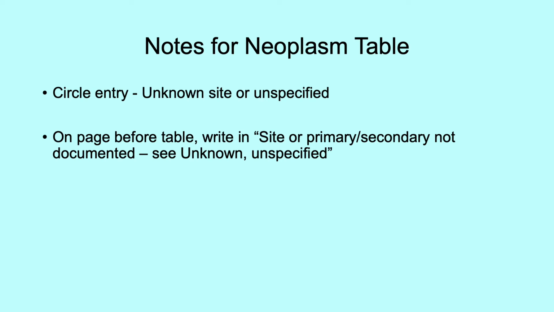So circle the entry in the neoplasm table for unknown site or unspecified. And then on the page before the table starts, write in site of primary, secondary, not documented, see unknown, unspecified. It's very, very often missed, and so that's why it's important to write in a note.